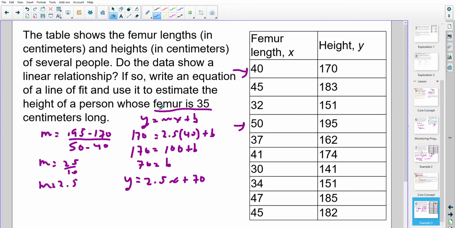The y represents the height, the x represents the femur length. So to figure out the height, you're going to use femur length x, which is 35: y equals 2.5 times 35 plus 70.